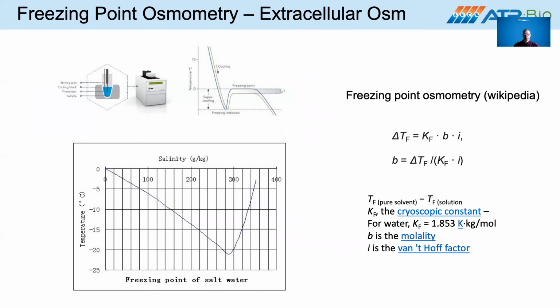So how do we understand the extracellular solution and the osmotic pressure and the osmolality concentration that is arising because of the ice forming? You can think about this from the point of view of freezing point osmometry. This is a really simple concept. Basically, if you take pure water in blue and you put it into an osmometer, you'll drop the temperature with this cooling block, and eventually you can trigger freezing initiation.